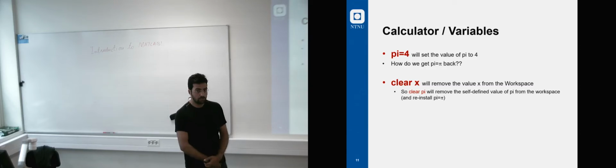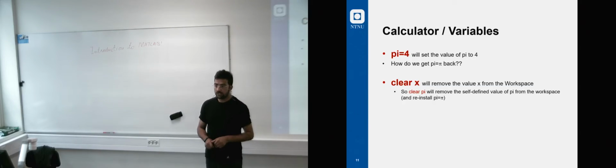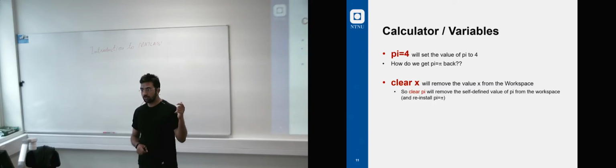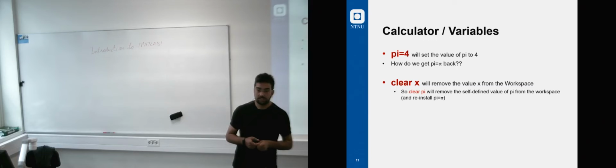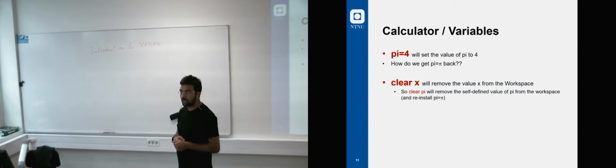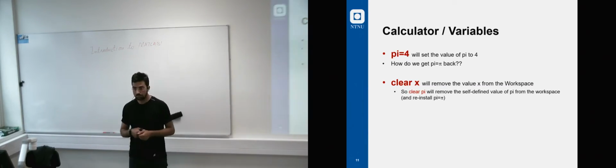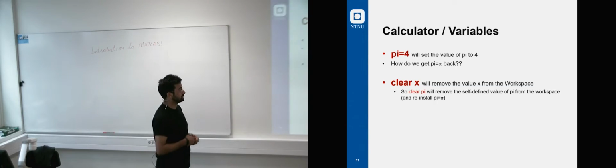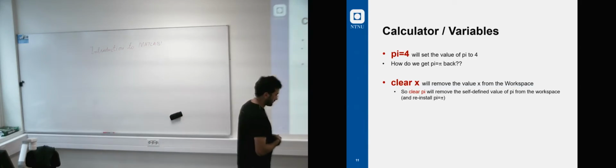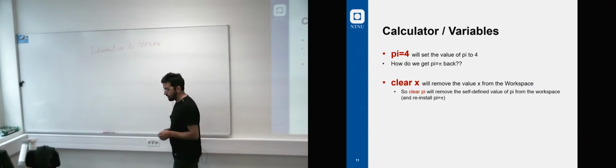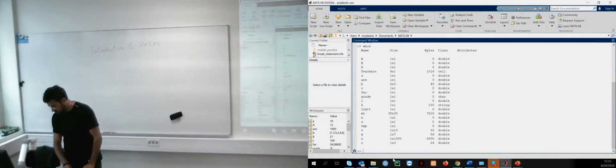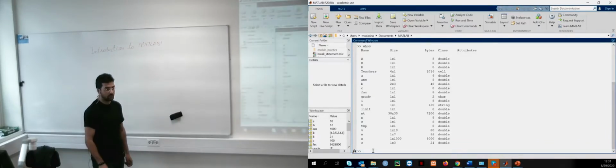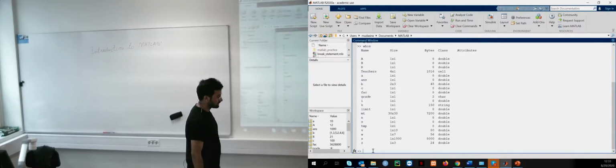So you clear the value of pi. Now you do one thing. From A to F, create variables with numbers, say 10, 20, 30, 40, assigning different numbers to different variables.